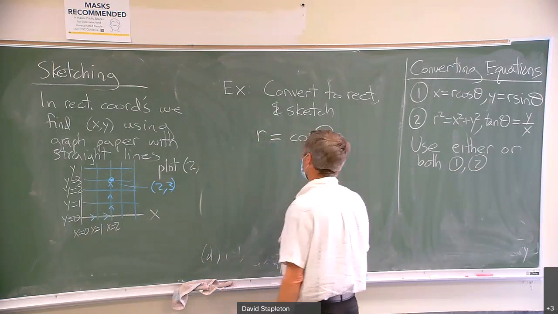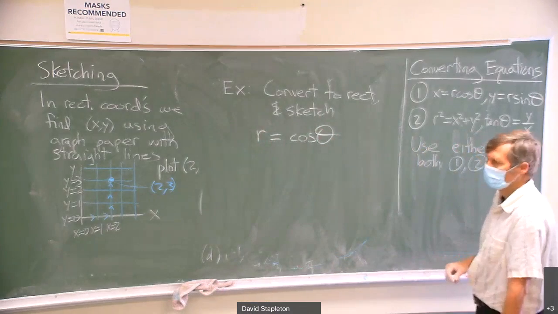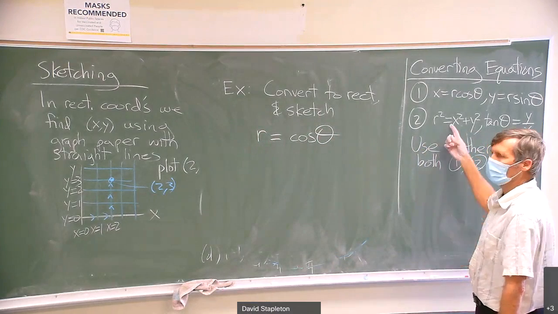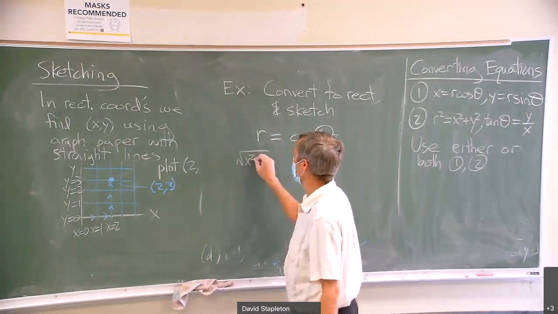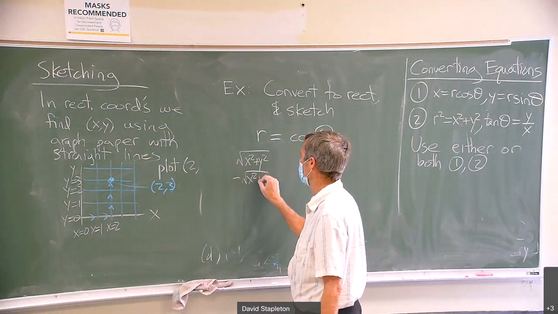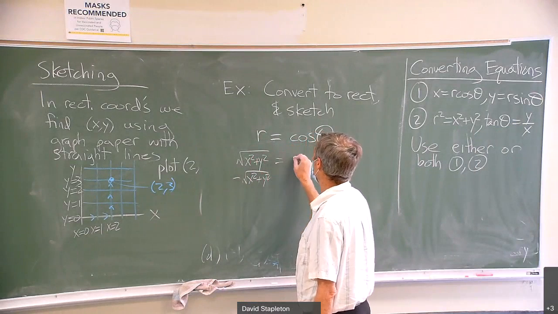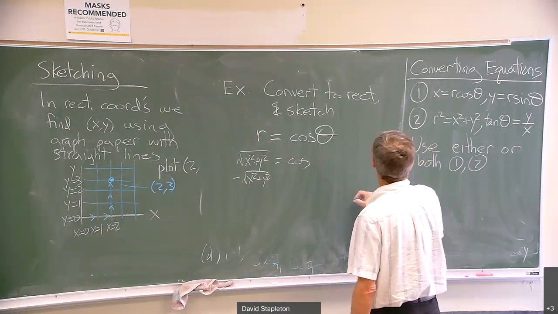I wonder what figure that is. Don't do this. Say, I'm going to choose r positive. Therefore, I'll take square root of x squared plus y squared. But it doesn't say r is positive, so I can also choose minus square root of x squared plus y squared. Then I've got to say, oh, it's cosine of theta, but theta is evidently arc tangent y over x or arc tangent plus pi.